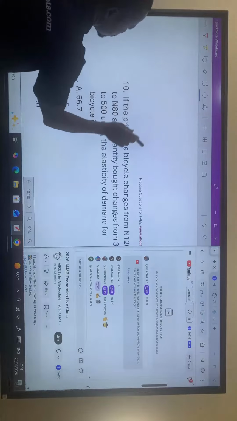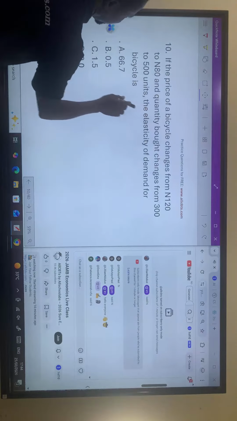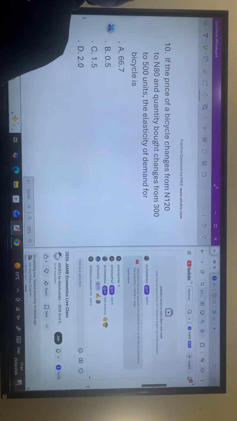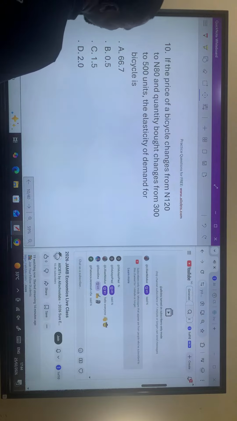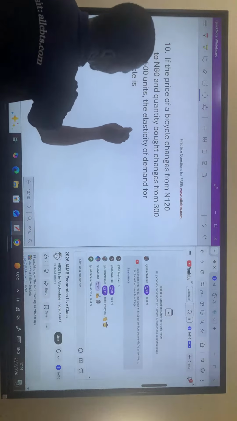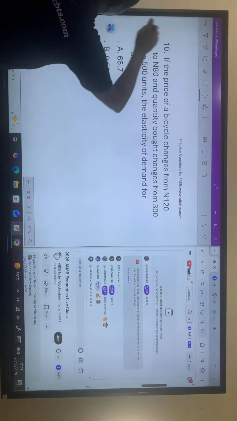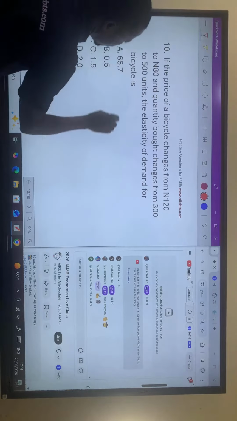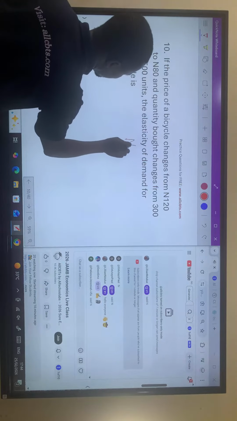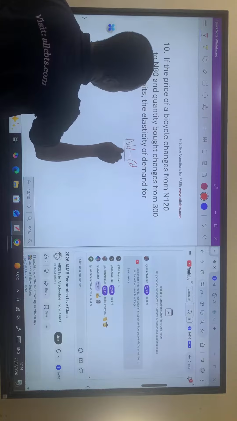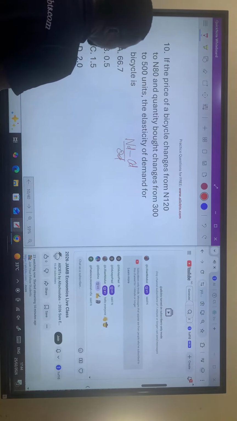The next question. If the price of a bicycle changes from 120 to 180, and quantity bought changes from 300 to 500, the elasticity of demand is what? So we have new demand minus old demand over old demand, that's original demand.